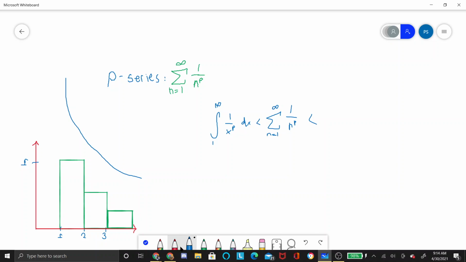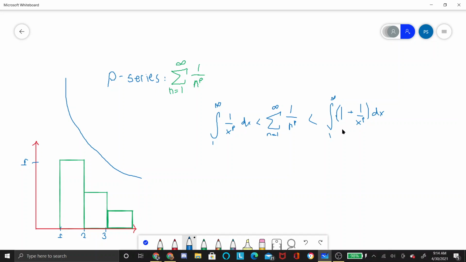So now we can write the last part: the integral from 1 to infinity of 1 plus 1 over x to the p dx. We care about this last part. If we can prove this is convergent, then we can prove that this infinite summation is convergent.